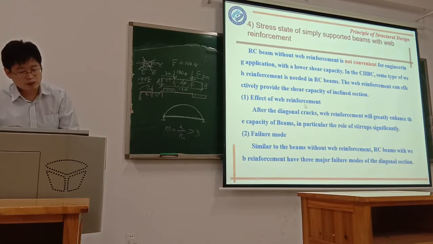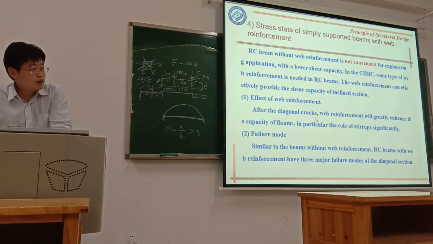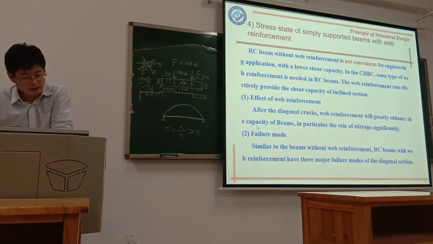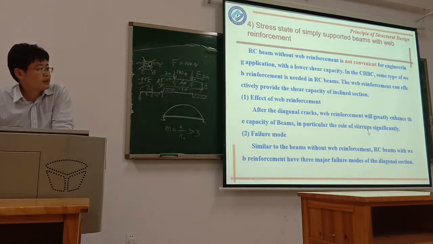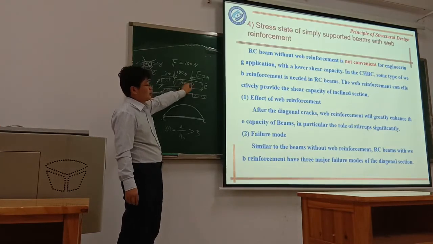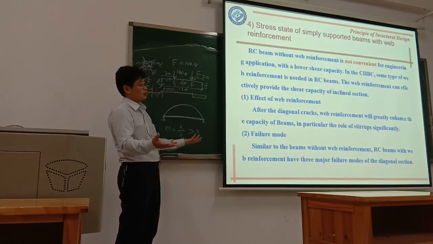So the effect of web reinforcement. Once the diagonal crack appears, web reinforcement will greatly enhance the capacity of the beam, in particular the stirrup. If we don't put the web reinforcement inside, once the crack generates, the beam will just collapse.